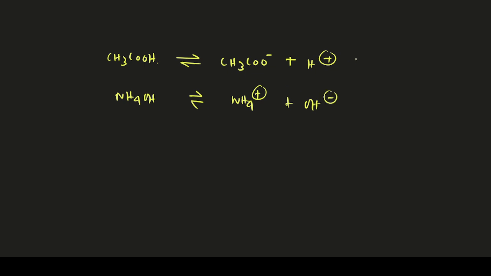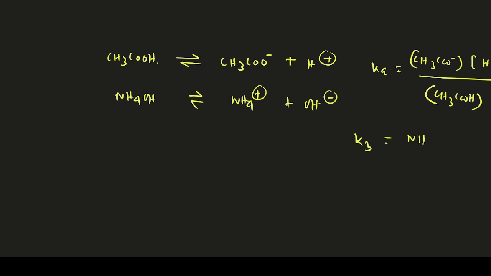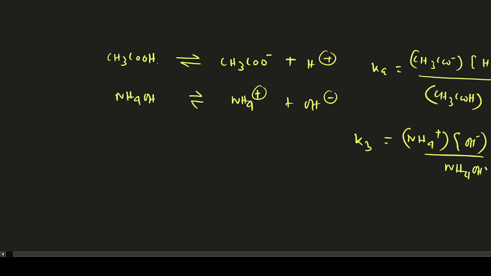So if you write Ka, we get CH3COO minus times H plus by CH3COOH. And if we write the Kb value, we get NH4 plus times OH minus by NH4OH.